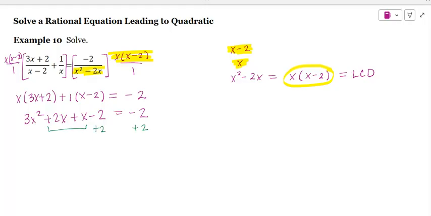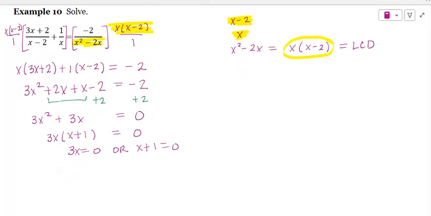Whenever we have a quadratic, we want everything on one side and 0 on the other. So we have 3x squared plus 3x equals 0. Those 2's are going to cancel. So we'll factor a 3x out. So either 3x equals 0 or x plus 1 equals 0. So x is equal to 0 or x is equal to negative 1.